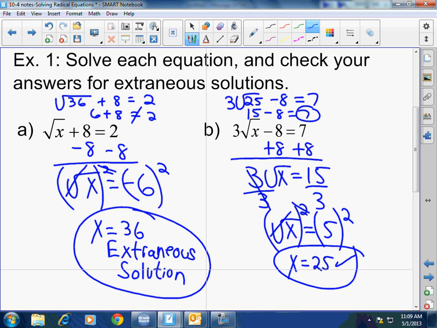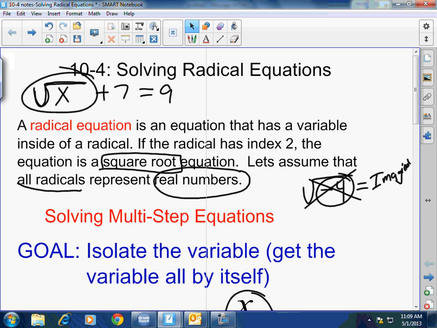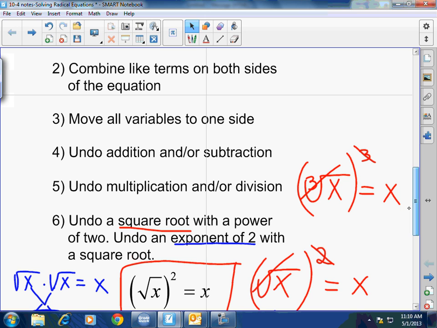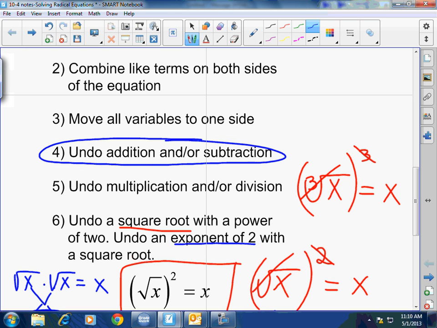I did divide by 3 first. No, but after addition. Guys, I went over the rules for equations on purpose. It says very clearly here, you undo addition and subtraction before you undo multiplication and division. We just went over this, right?